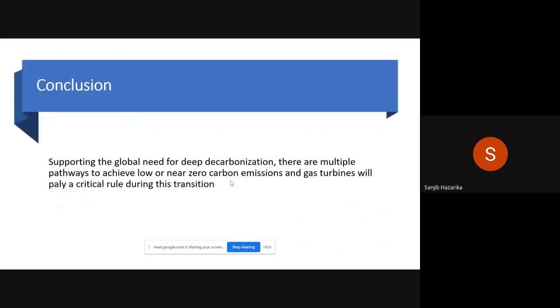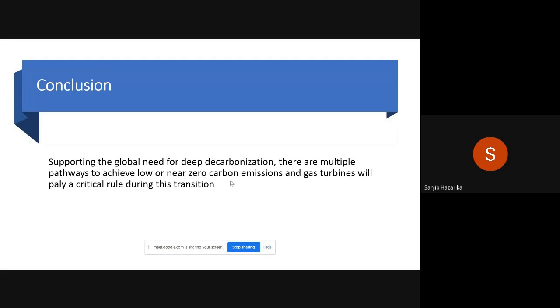So the last slide is that we can say that for this global effort for decarbonization, there are multiple pathways to achieve it, and one of the ways to achieve this decarbonization or zero emission is to have gas turbines that can operate with maybe a zero carbon fuel like hydrogen.